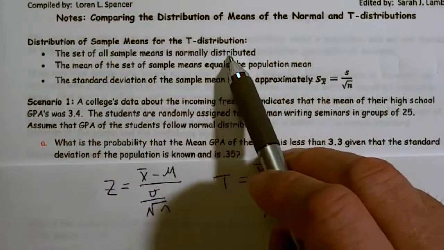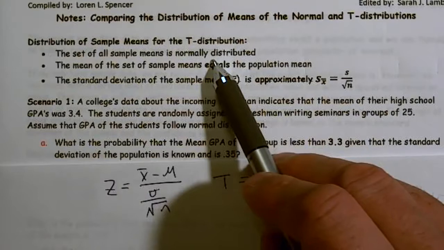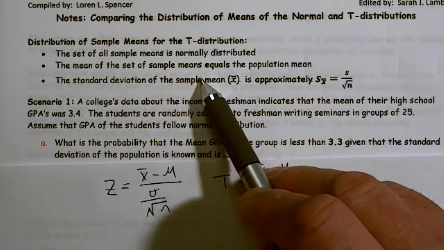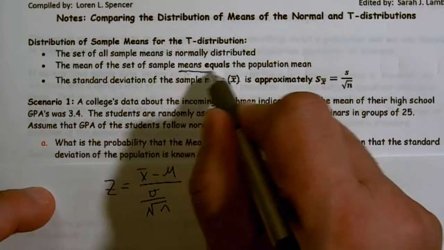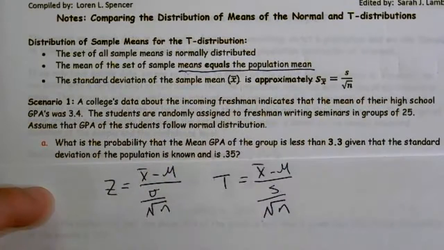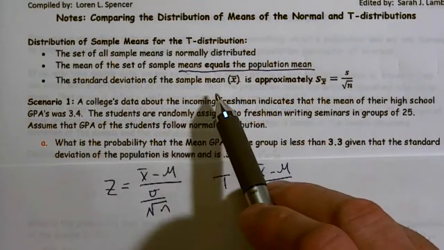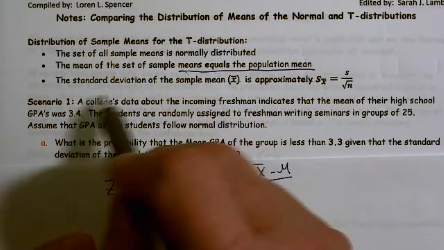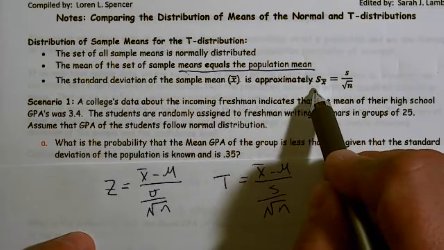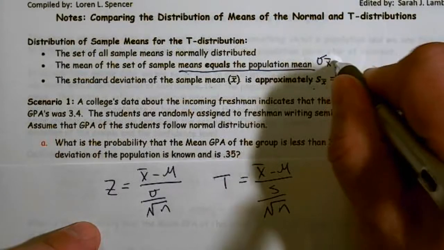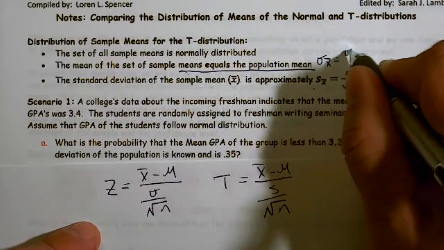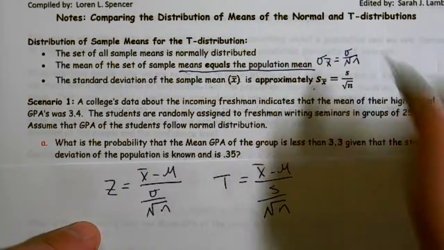For the t-distribution, the sample of means is normally distributed. The mean of this set of sample means is equal to the population mean. In other words, what we said earlier, the mean equals the mean equals the mean, so that never changes. And the standard deviation of the sample mean is approximately this, whereas the standard deviation for the normal is this, right?